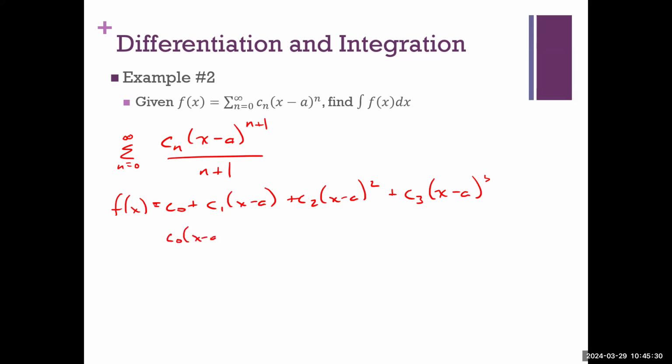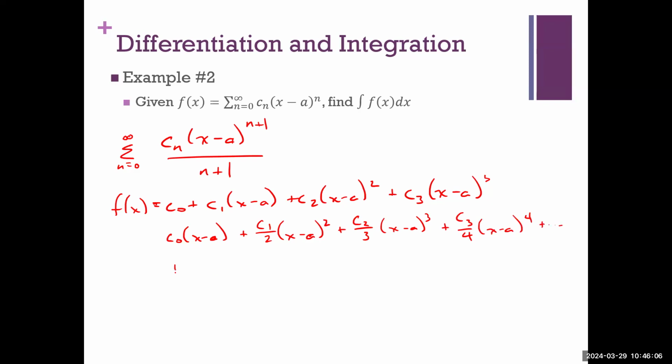C naught times (x minus a) plus C1 over 2 times (x minus a) squared, plus c2 over 3 times (x minus a) cubed, plus c3 over 4 times (x minus a) to the fourth.